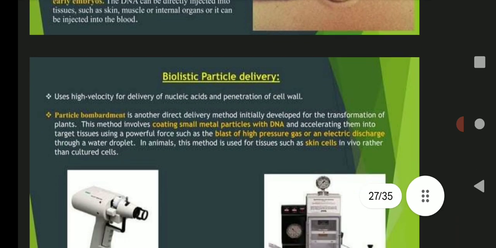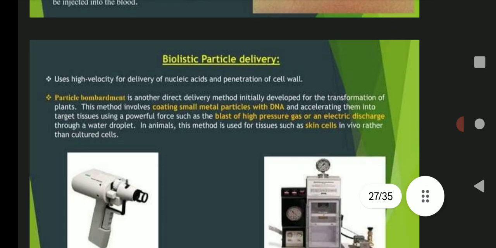And biolistic particle delivery, in which nucleic acids are delivered with high velocity by coating the gene of interest over the biolistic particles, that is tungsten as well as gold particles coated with our gene of interest.